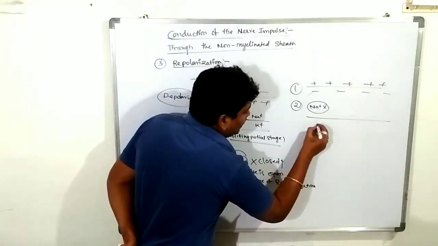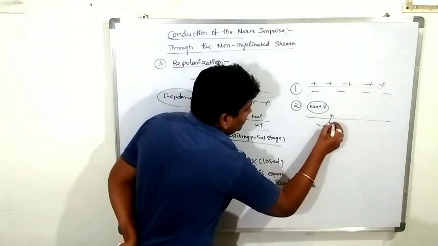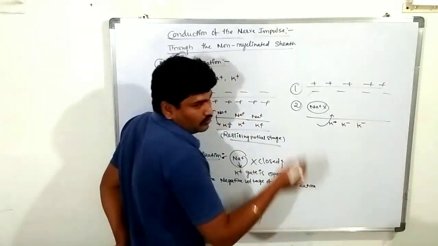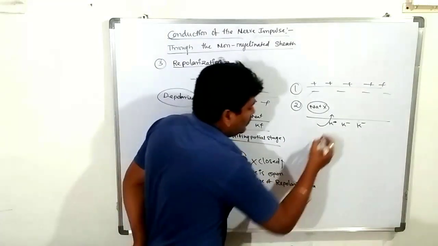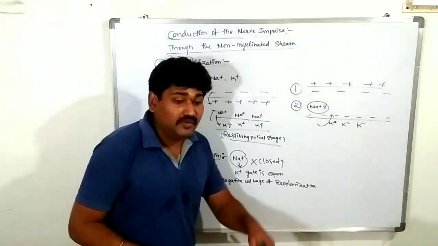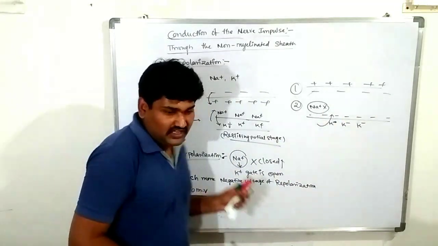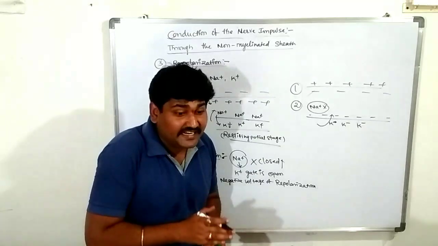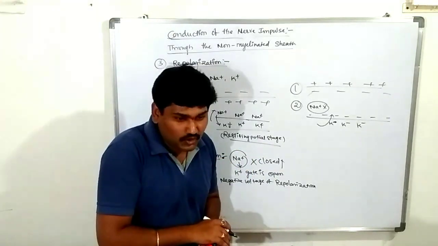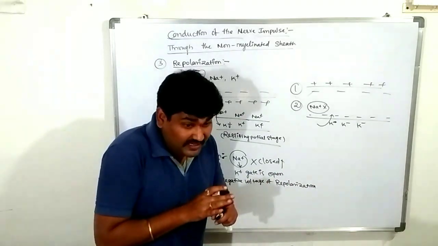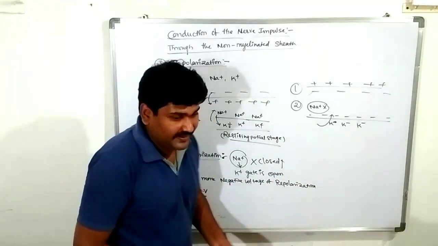So what would happen? A greater amount of potassium comes out of the exoplasm to the axolemma. So the axolemma region converts into negatively charged. This one is positively charged, that one is negatively charged. So with the more concentration on the surface of the axolemma region, the sodium gates will become open.